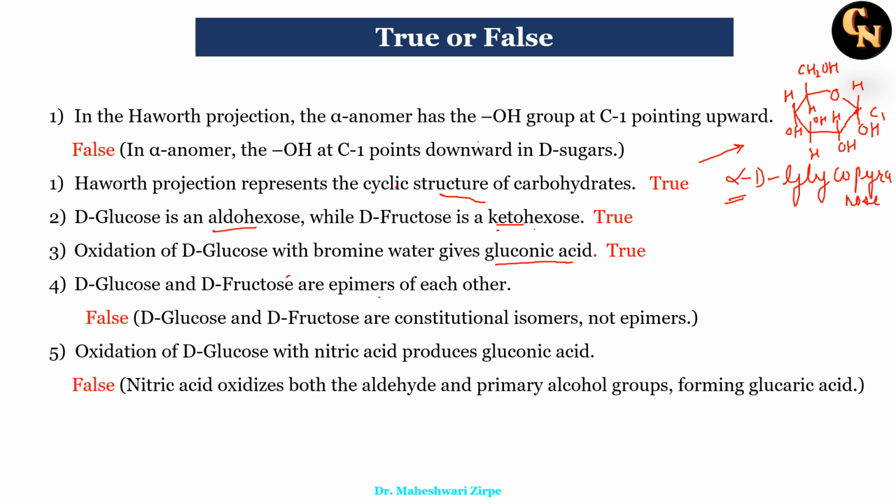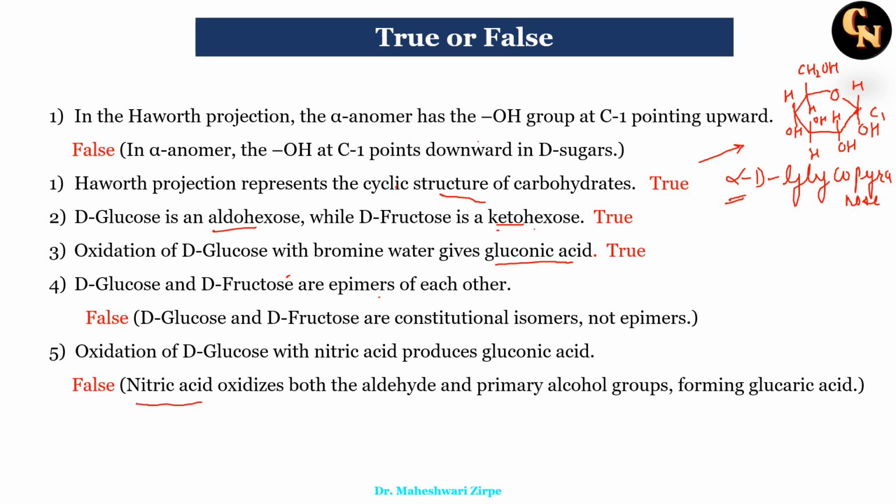The next is oxidation of D-glucose with nitric acid produces gluconic acid. So this is false, because we have seen this D-glucose with nitric acid will not give you gluconic acid, but it gives you glucaric acid, because both aldehyde and primary alcohol is going to get oxidized with nitric acid.